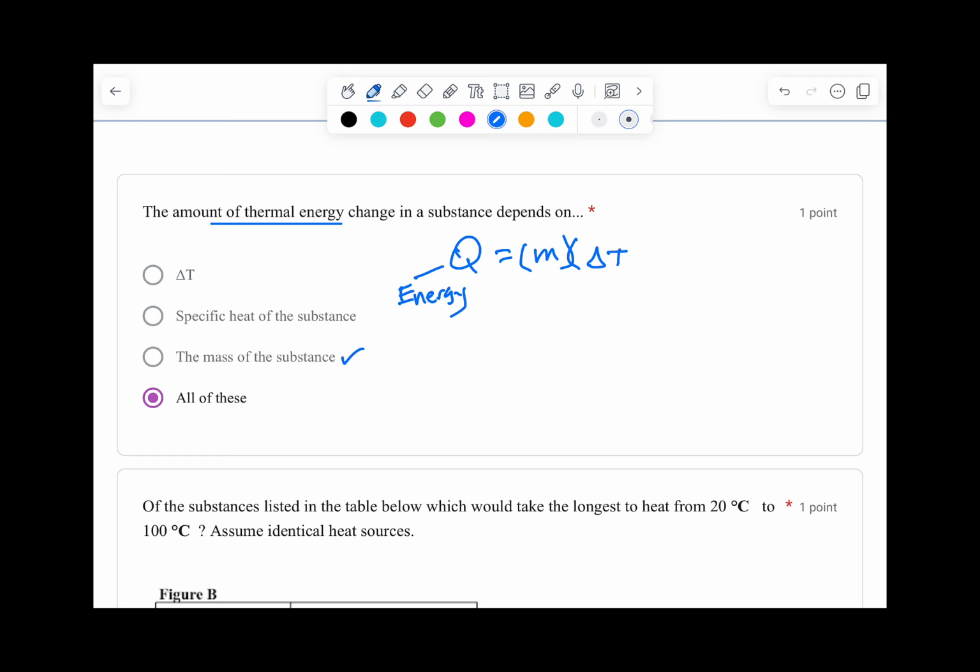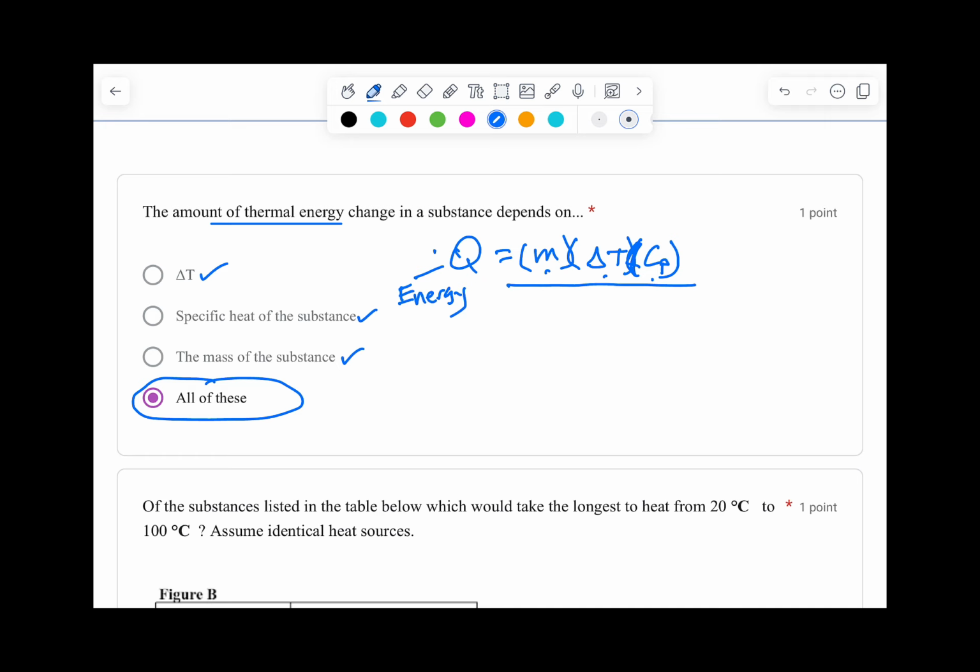The change in temperature of a substance, oh look, there it is right there, and the specific heat. So the amount of thermal energy change, which is what Q stands for, depends on all three of these things, because all three are in the equation: the change in temperature, the mass, and the specific heat. So you should have chosen all of these.